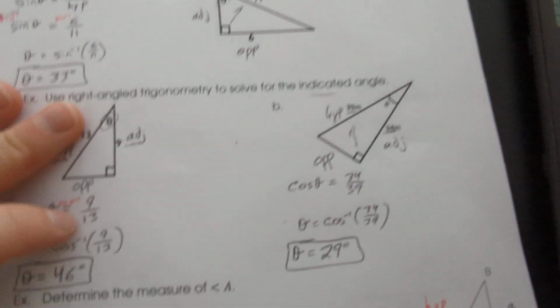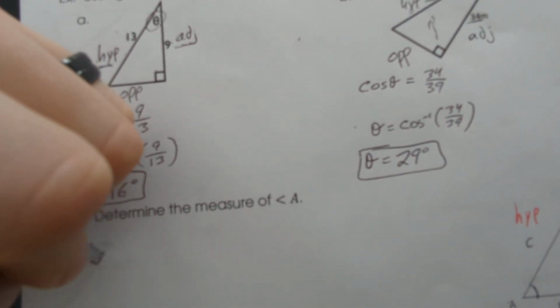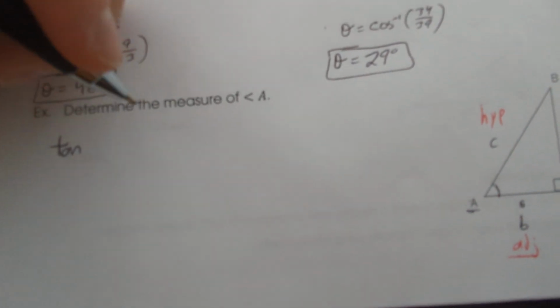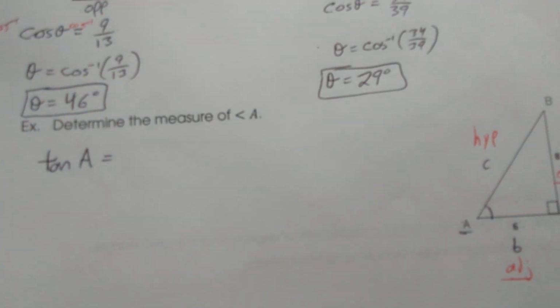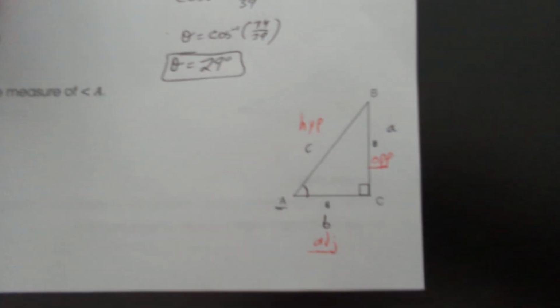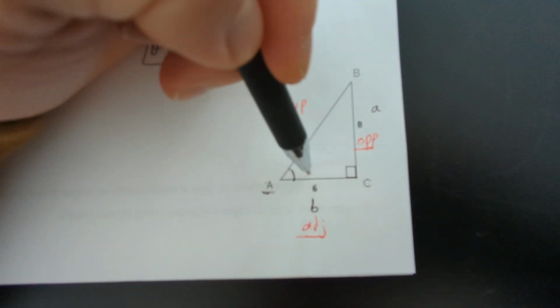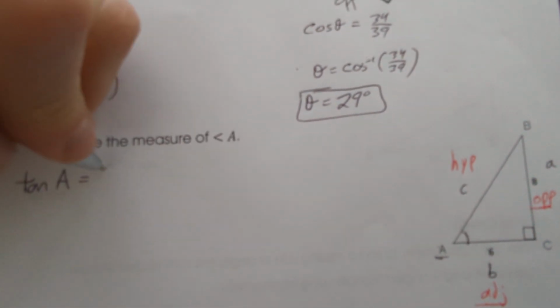So we have tan, and this time we're calling our angle A. So we can do tan of capital A equals opposite over adjacent. Opposite is 8, adjacent is 6. So it's 8 over 6.